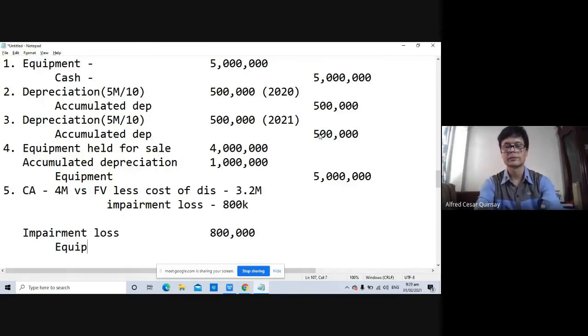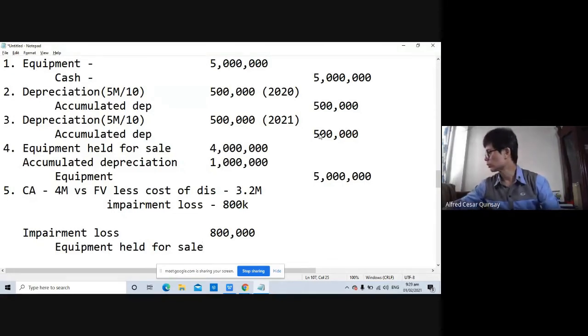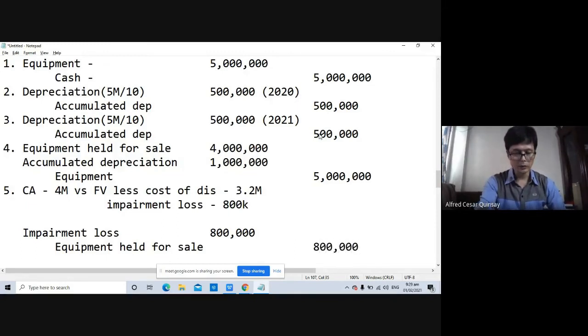So equipment held for sale, okay? Ito na yung bagong account niya, which is 800,000.